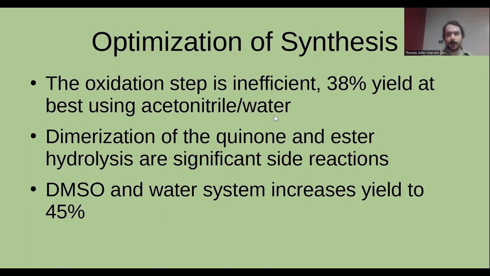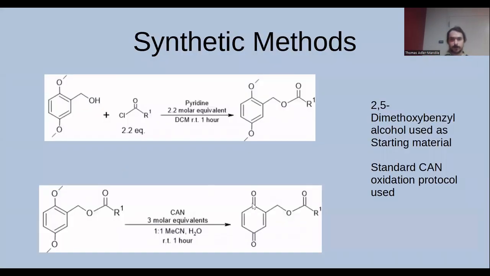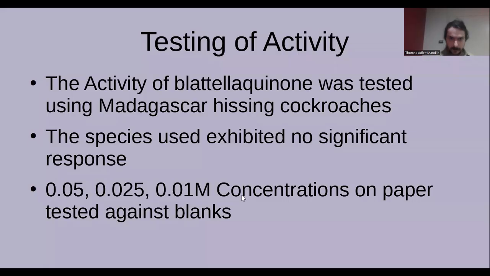The main side reactions that make it inefficient are dimerization of the quinone products and ester hydrolysis, because there's an ester group here, and if that gets hydrolyzed, then this alcohol here can get oxidized, and that leads to breakdown. The dimerization occurs at these carbons on the side of the quinone here. So when these carbons are exposed, that can lead to the dimerization.